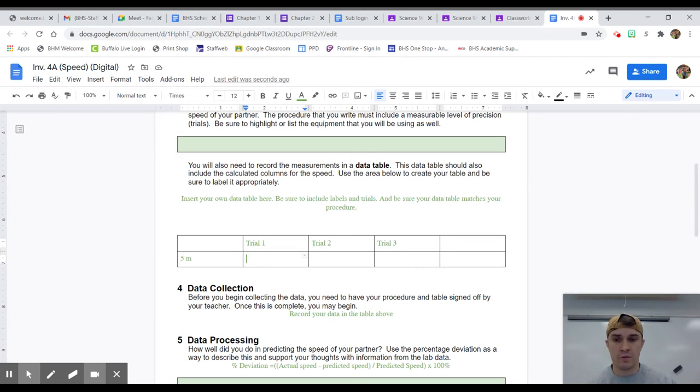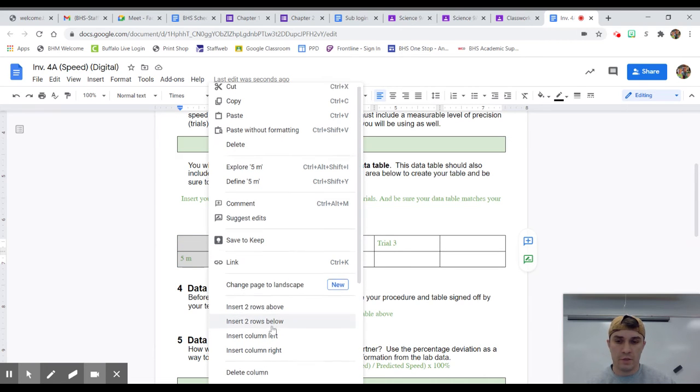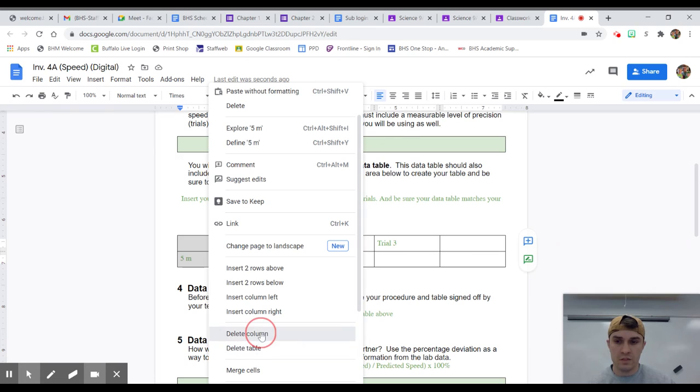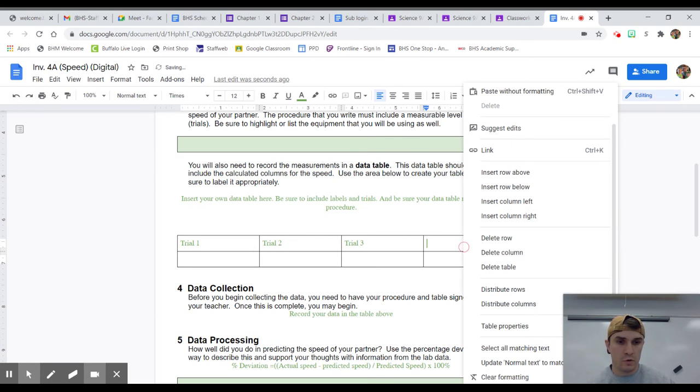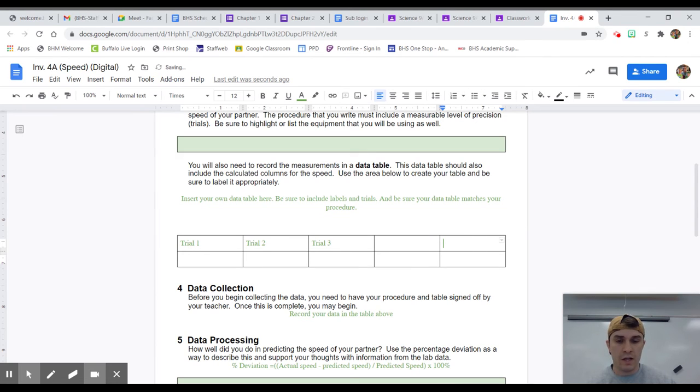Actually, I'm going to change this up a little bit. I'm going to delete that column, but I'm going to insert a column to my right here. So I've got my trials. I'm going to have my average time here, and then I'm going to calculate my speed.